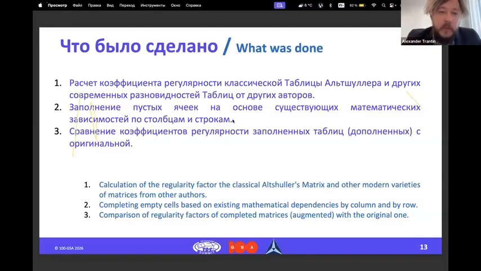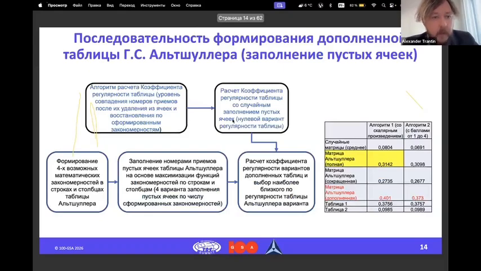Step 2, we completed empty cells based on existing mathematical dependencies. And all those combinations, all those options, we compared them. It was step 3.